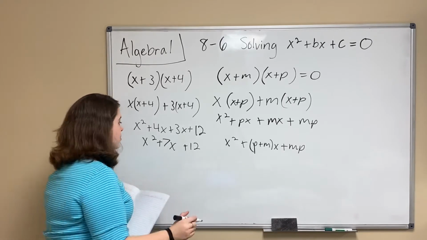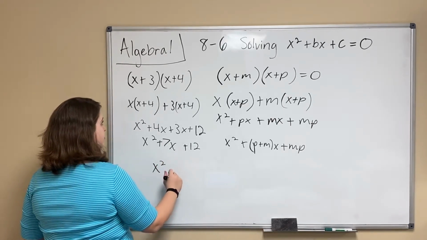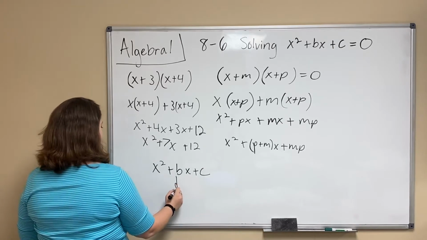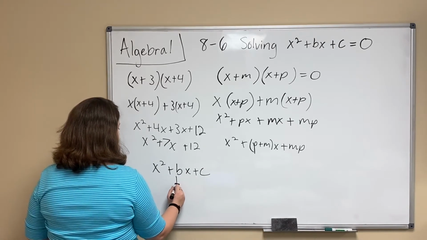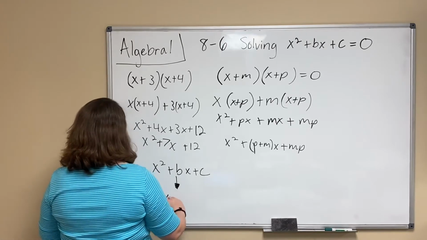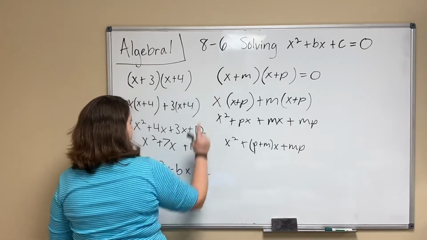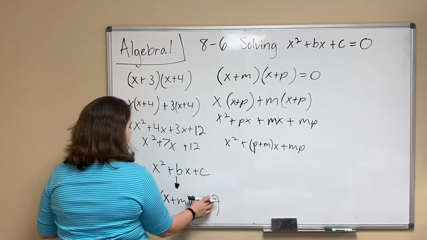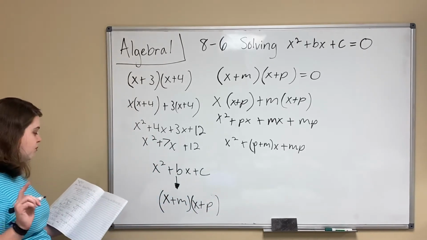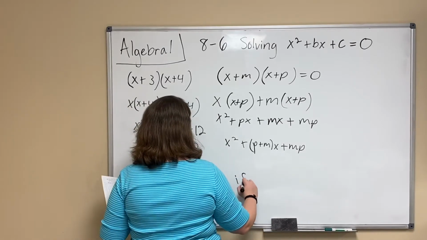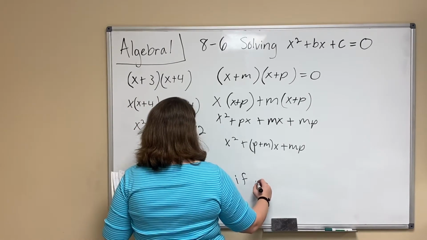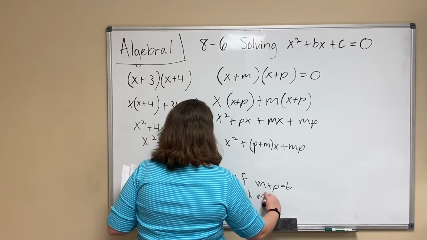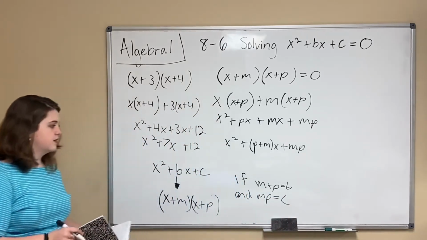So basically, when we have something that looks like x squared plus bx plus c, we can break that down into x plus m times x plus p, the backwards of this, when, and that's an if, m plus p equals b and m times p equals c.